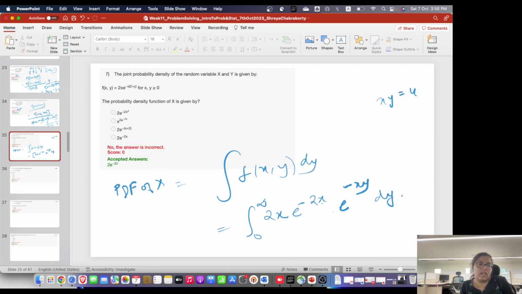Then here we have x again we have to substitute by u by... okay, let's see. So x dy equal to du. Alright, so dy is du by u and x is u by y. This will become a little problematic if we solve it that way. I think it's better to write the joint PDF and get it.